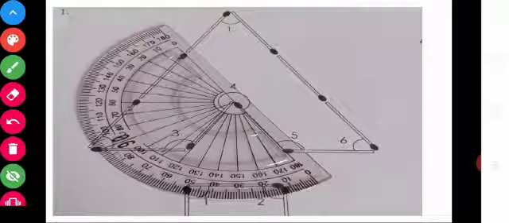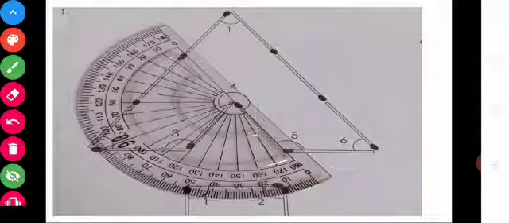And then angle 4, how to measure? Look at angle 3, 4, 5. Angle 3, 4, 5, how to measure? Place the protractor on the angle 3, 4, 5 in such a way that its center lies on the vertex 4 and its baseline coincides with arm 4, 5.